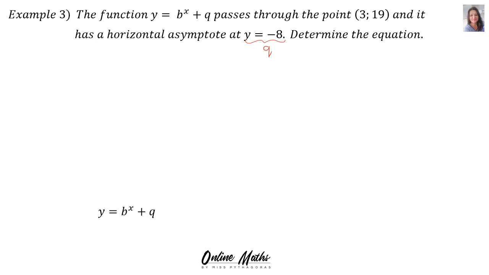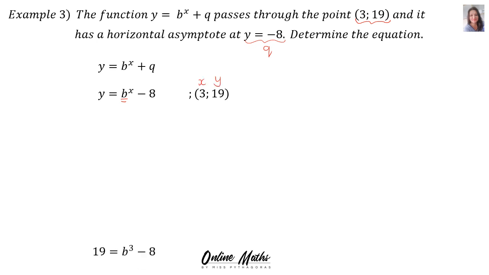And the other thing that's given is this point 3, 19 that consists of an x and a y coordinate. So we will start with the equation y is equal to b to the x plus q, and in q's place negative 8. So in fact they are testing whether you understand that the horizontal asymptote is q's value. Then we will calculate b's value, and this is now where we will use this other point that was given, the point 3, 19, consisting of an x and a y.